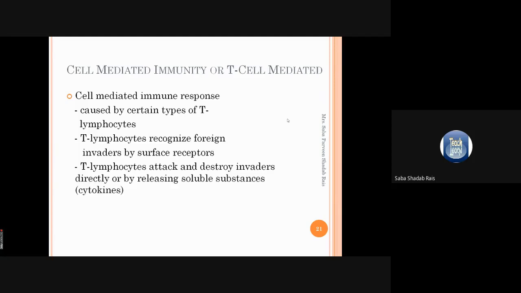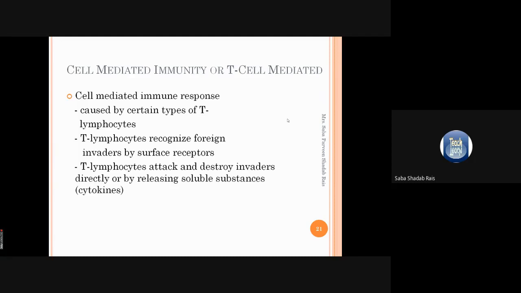T helper cells are particularly important because they maximize the capability of the immune system. T helper cells cannot destroy infected cells or pathogens, but they can activate and direct other immune cells to do so. That's why they are called helper T cells.